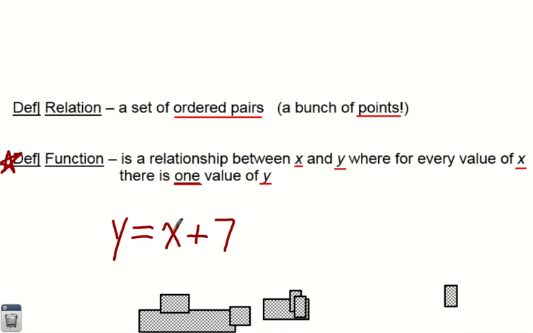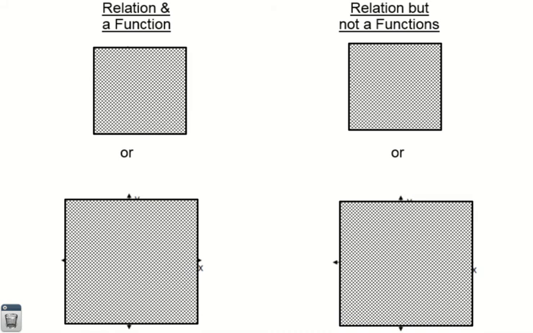If I plug in a 10 for x, how many answers are you going to get for y? Aren't you just going to get one answer? So again, things you work with are probably going to be functions, where if you input something for x, you only get one answer for y. And that's normally the case, especially outside of this section.